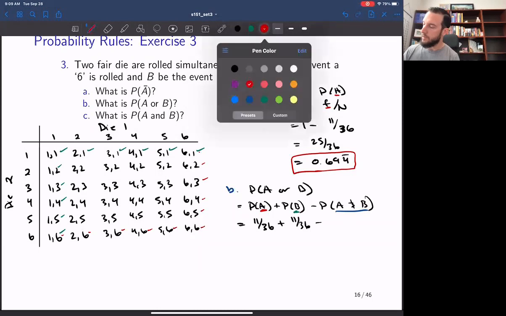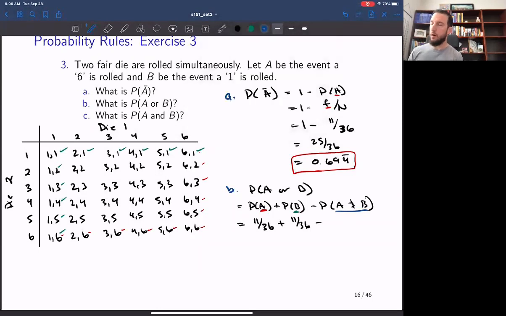The intersection are the two outcomes that are in agreement between A and B. So we can see that here we have an intersection and here we have an intersection. So the probability of observing the intersection is then 2 over 36.